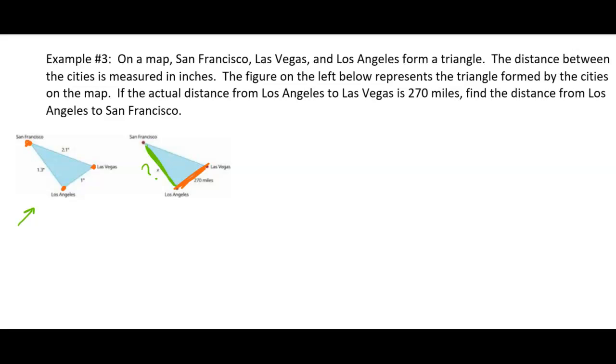So we'll start with the small one, the map, and compare it to the actual, the large. Both triangles look the same size in our diagram, but we're comparing the map to the actual.